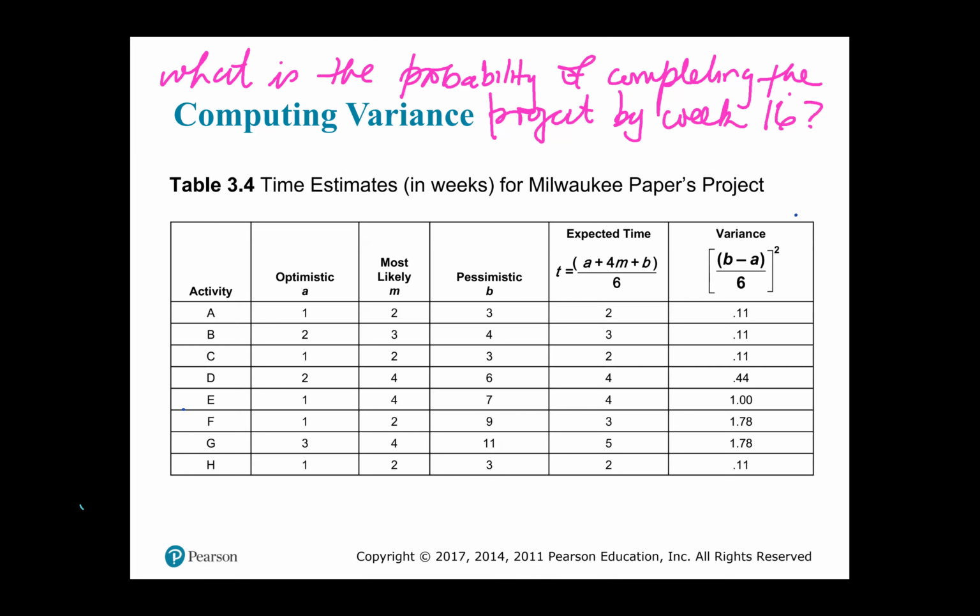Okay. I can ask you that because we're no longer sure that the project can be completed by week 15. Could be week 16 or 17. What's the probability that you can complete it by week 16? We expect it to be completed by week 15. But what if it goes over to another week? What's the probability? Right?